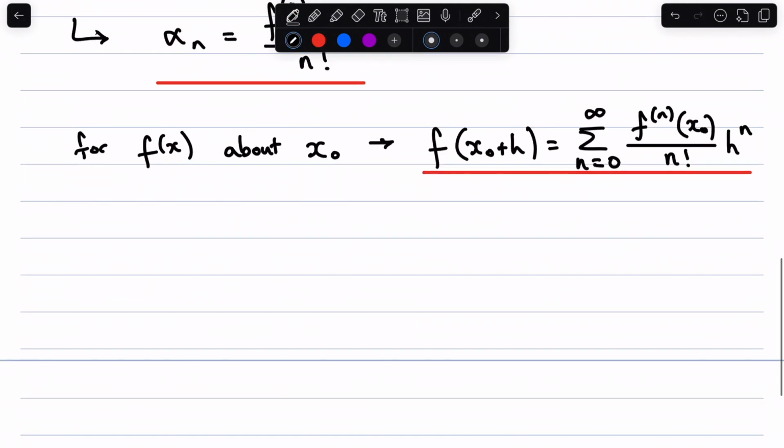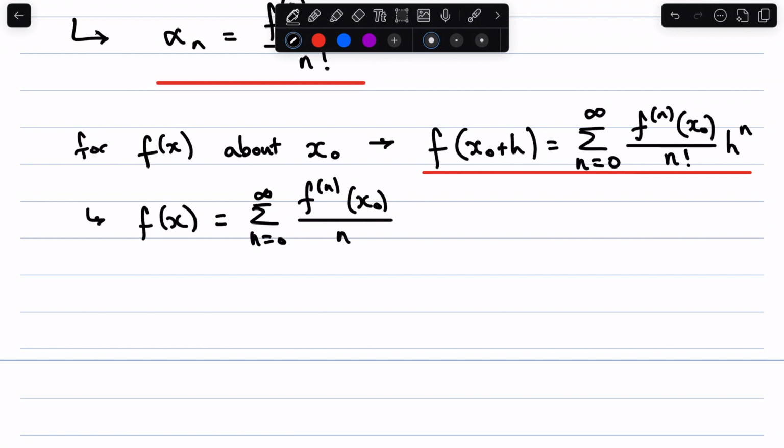An alternative expression for this is to write that f of x is equal to the sum from n equals 0 to infinity of f differentiated n times at x naught divided by n factorial, so that's the same, but we now have f of x instead of f of x naught plus h, and now we're just going to be multiplying that by x, our new position, minus x naught to the power of n.